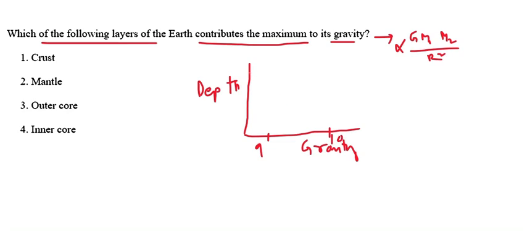These are the depths of crust, mantle, core in this way. As we know, 9.8 is at the surface of the Earth, it will start increasing up to the mantle, after that it will start decreasing. This is the curve you have to remember: crust, mantle, core.